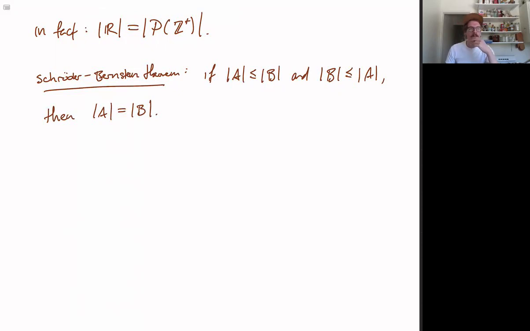But remember, when we're dealing with cardinalities of infinite sets, this is something that we know to be true about finite numbers. But for infinite sets, the way we've defined this, it's not obvious.